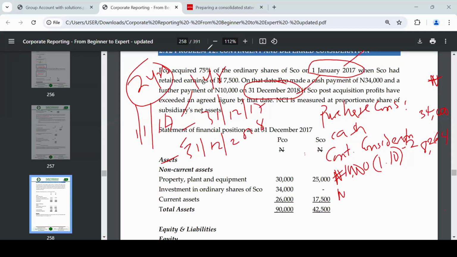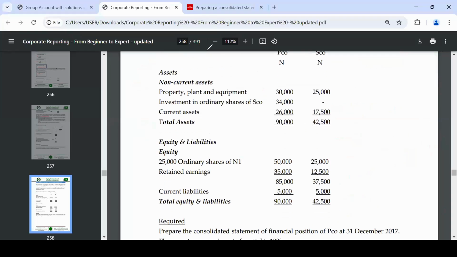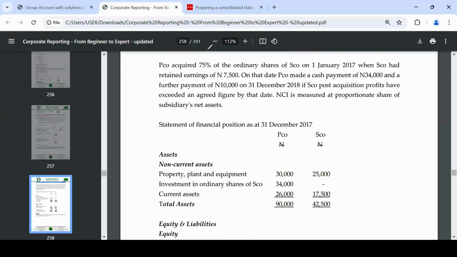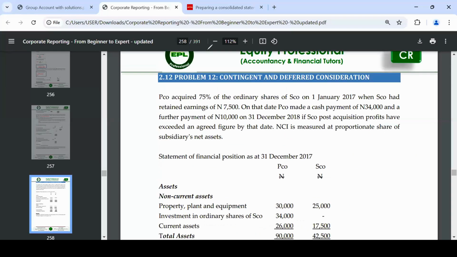Okay, NCI. We're told NCI is to be measured at proportionate share of subsidiary net assets. If that be the case, it means we're doing 25% times the net asset of ESCO. The ordinary share is 25,000, and they add a pre-acquisition retained earnings of 7.5.